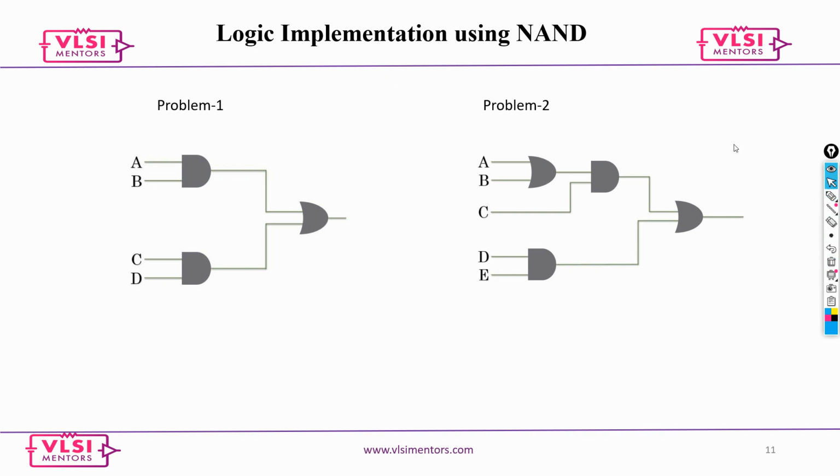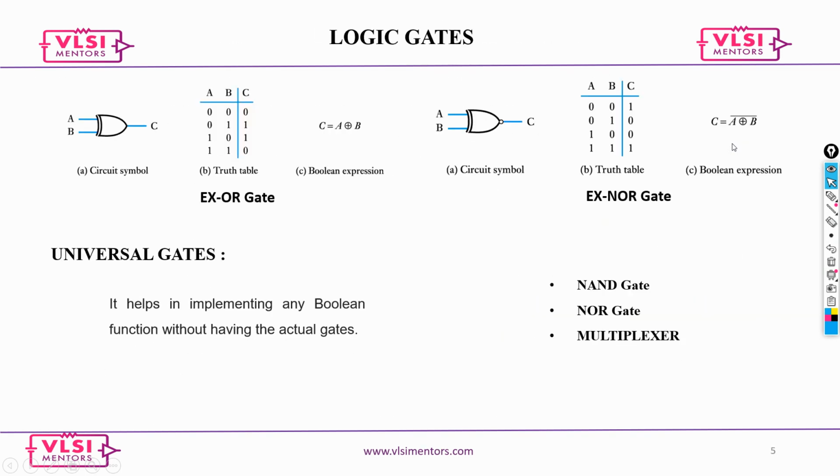Okay, so moving on. We were talking about this universal gate. Try to learn how to implement the circuits using NAND and NOR. Go through certain basics, and you will learn this in physical design, where you have to implement certain logics.